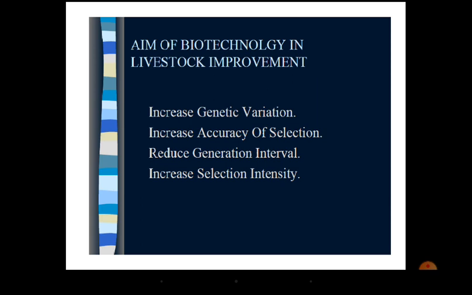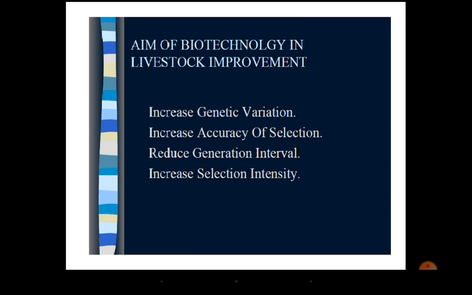Second, they should try to increase the accuracy of selection. I told only selection intensity there, but accuracy of selection is also very important. If you select some animals, you should be able to transfer good germplasm from the selected animals to the next generation, so that they also produce well.